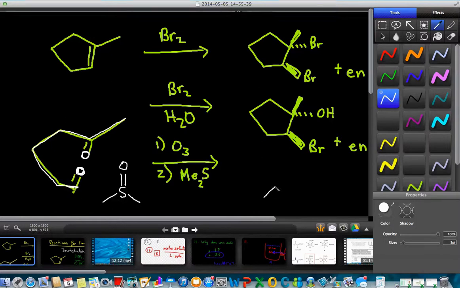And so this has 6 carbons, and we'll have an aldehyde, and we will have a ketone. So all three of those reactions are fairly important.